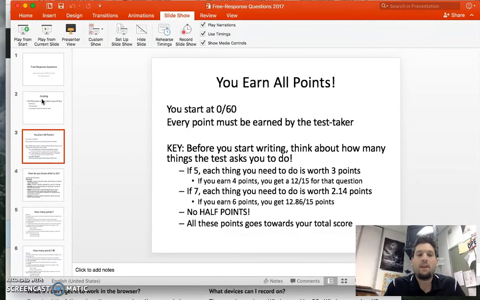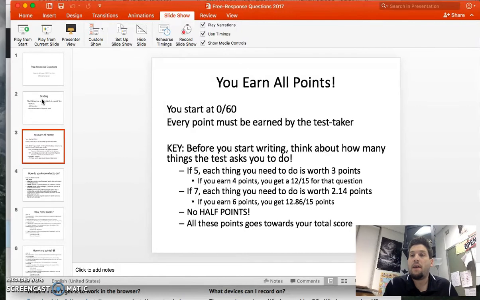As you read each question, you know they're worth 15 points. But the first thing you have to do is think about the things you need to do to earn those points. So before you start writing, ask yourself how many things you have to do. If you have to do 5 things, each is going to be graded by the grader, and to map that into a 15-point grade, they're going to make each one of those 5 things worth 3 points.